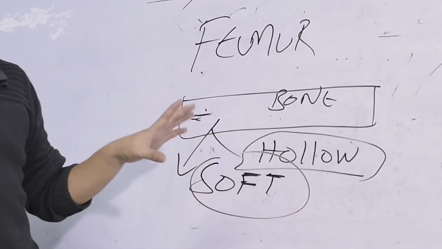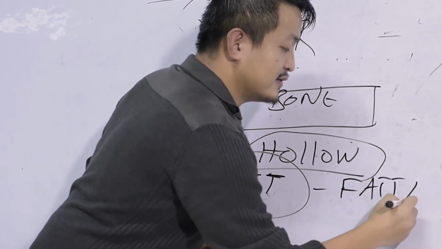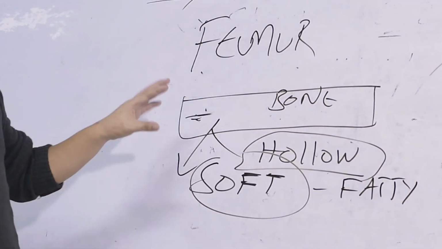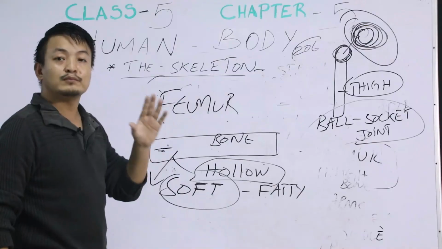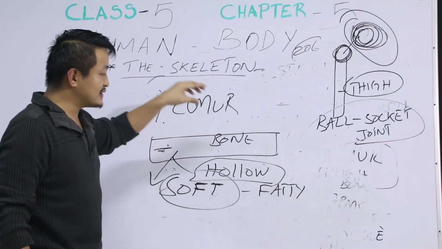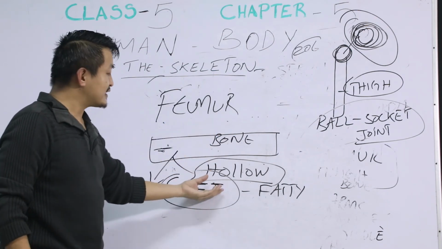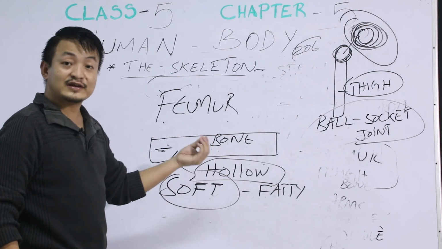You'll see some soft, fatty substance. That is known as bone marrow. So bone marrow is present inside the bone. It is soft and composed of fatty acids.